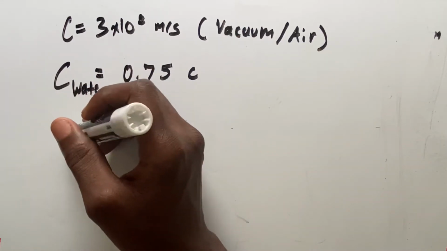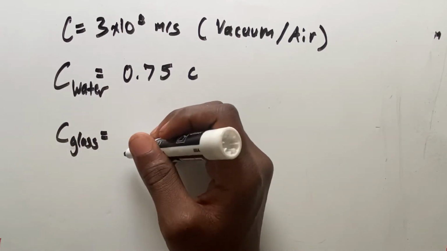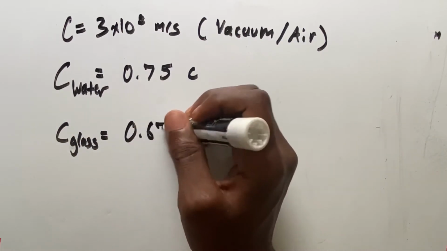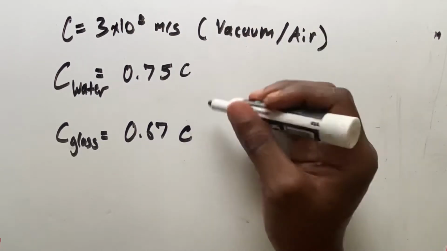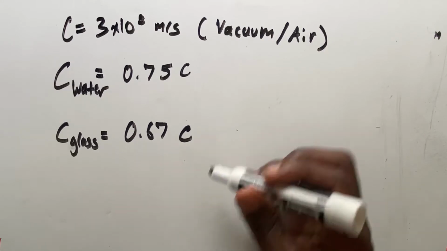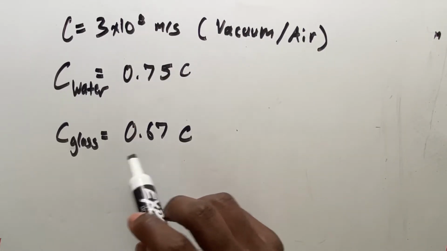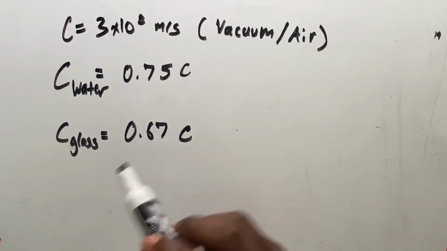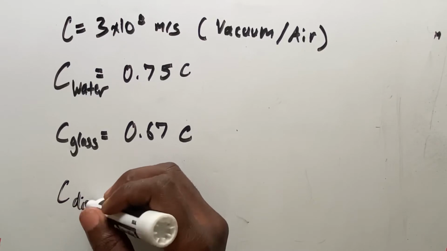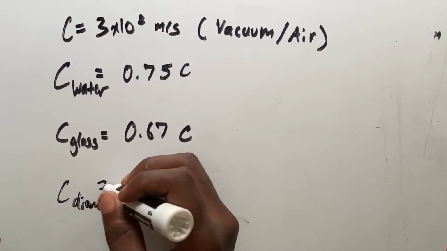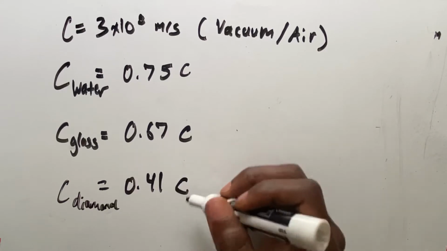So speed of light in glass is 0.67 c. So light is going to travel even slower in glass. And then they also give us the speed of light in diamond, which is 0.41 c.